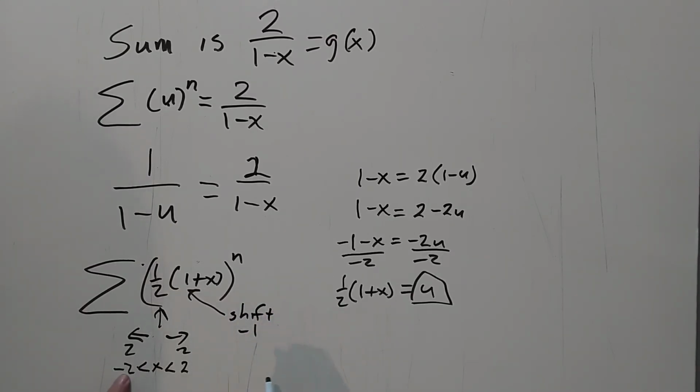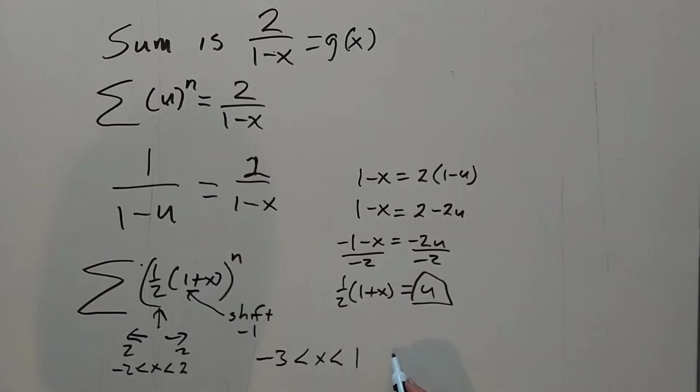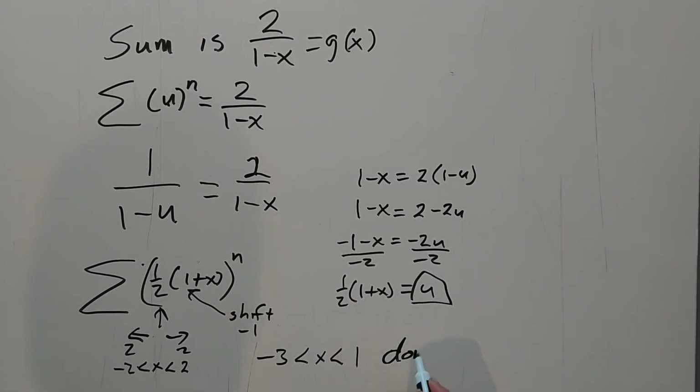So subtracting 1, negative 2 minus 1 is negative 3. 2 minus 1 is 1. This is the domain of x for convergence.